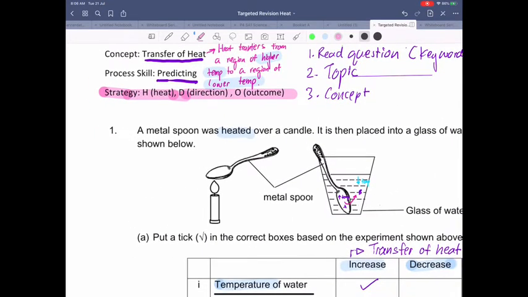So this strategy talks about, first thing, H, heat. Now what I want you to talk about when you refer to heat is really about, is it a heat gain or is it a heat loss? Okay. And then after that, when I talk about direction, I'm talking about from where to where.